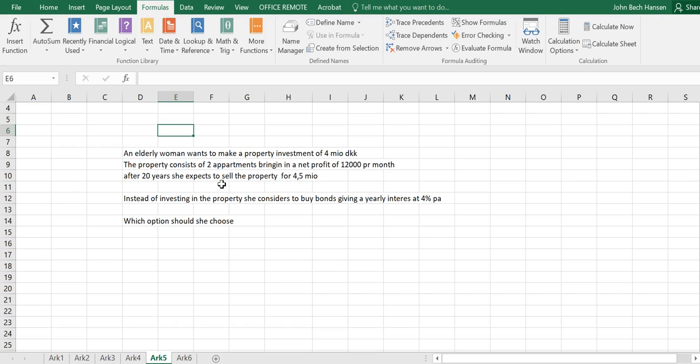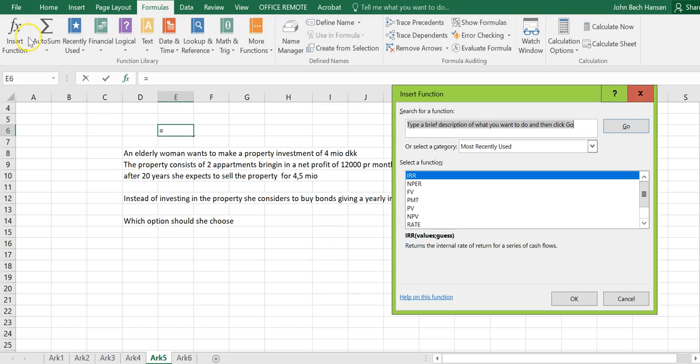Well, we can calculate the first possibility, the property, and see what is the internal rate of return per year of that investment to compare. And here again, we go into Excel and use the internal rate of return, or the rate.